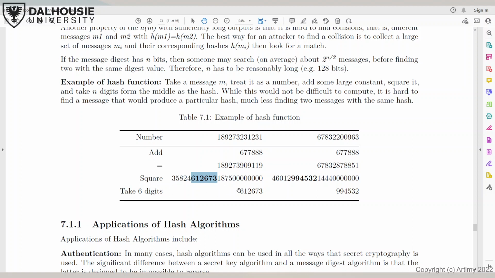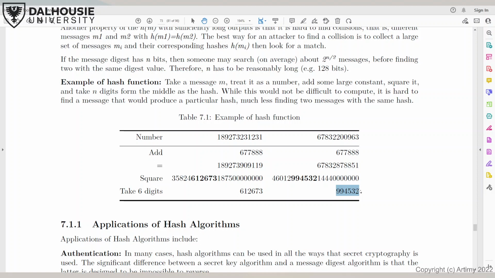So this becomes our hash, 612673, and the second is this one.